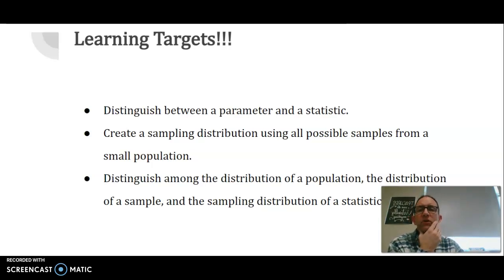And then we're going to make sure that as we go through here that we keep in mind the difference between the distribution of the population, those original 4 numbers, the distribution of one of those samples, so 60 and 70 or 60 and 80, 60 and 90 and so on, or the sampling distribution of a statistic, the distribution of all of the sample averages in this case.